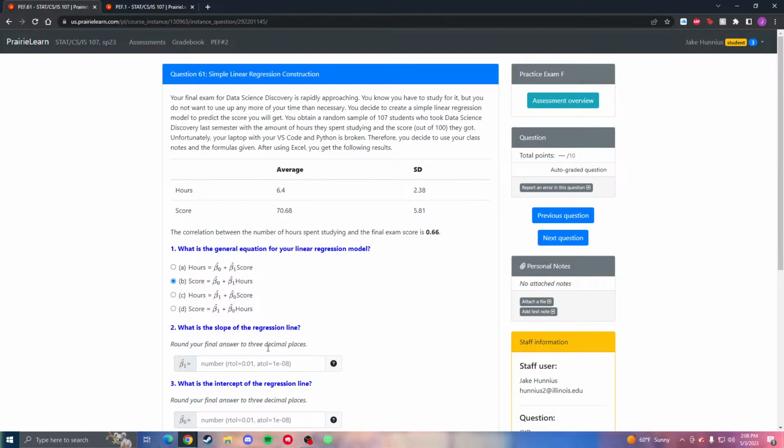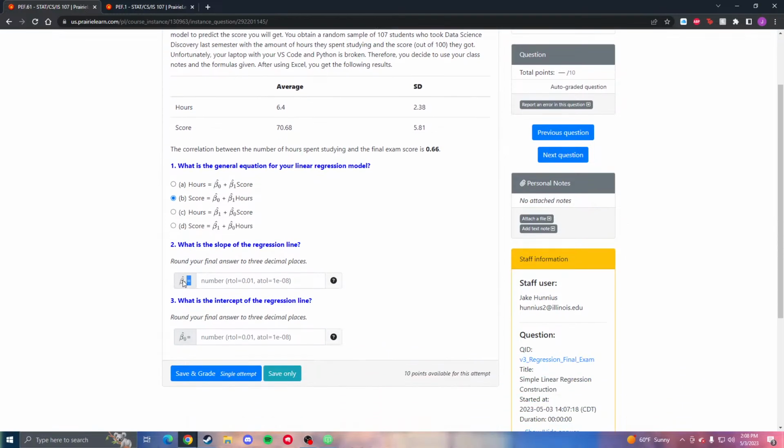Also for this question, a little trick: the question tells us the slope is beta 1 and the intercept is beta 0. So if you get confused, but you know which is your dependent and which is your independent, this will tell you which one is the slope and which one is the intercept. So we can just plug and chug.